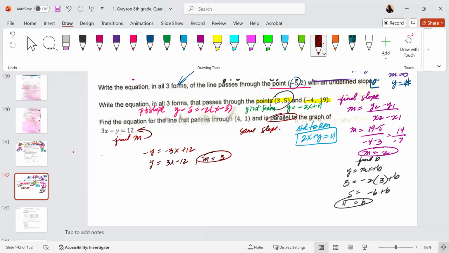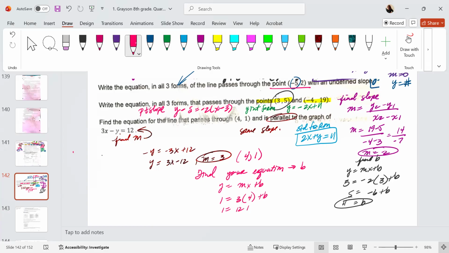What's your slope here? 3, right? Yeah. And then your point is 4, 1. So now you need to find your equation, right? Which requires you to find b, right? So y equals mx plus b, 1 equals, you got it. Keep going, buddy. You're doing good. I'm surprised you're remembering all of those. That's good.